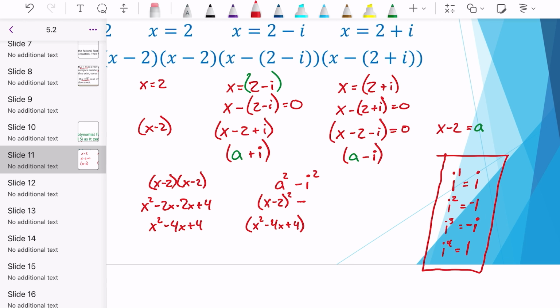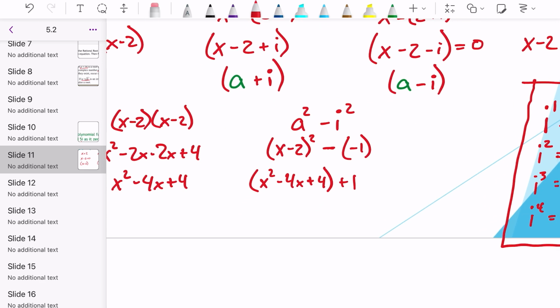Well, i squared is negative 1. A minus of a negative 1 would be the same as a plus 1. And we have the ability to combine our like terms, which would be x squared minus 4x plus 5.